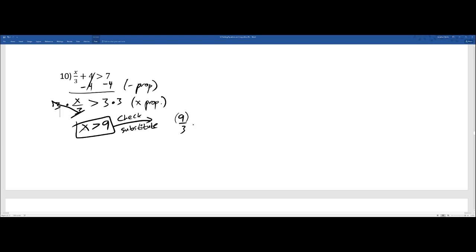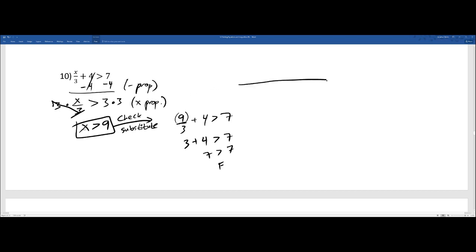Again, I'm substituting for x here. 9 divided by 3 plus 4 is greater than 7. Hopefully this is true. 9 divided by 3 is 3. And 3 plus 4 is 7. Is 7 greater than 7? That is actually false.